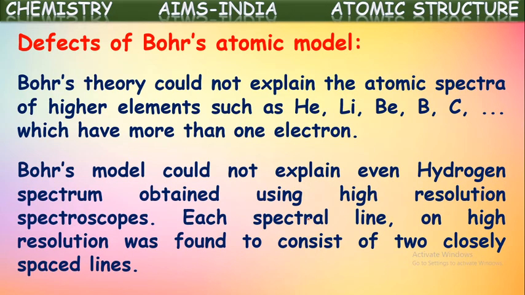And Bohr's model could not explain even the hydrogen spectrum obtained using high resolution spectroscopes. Actually, Bohr's theory explained the hydrogen spectrum. He studied and gave the model of the atom by observing hydrogen atoms. He studied the energy emissions from hydrogen atoms.